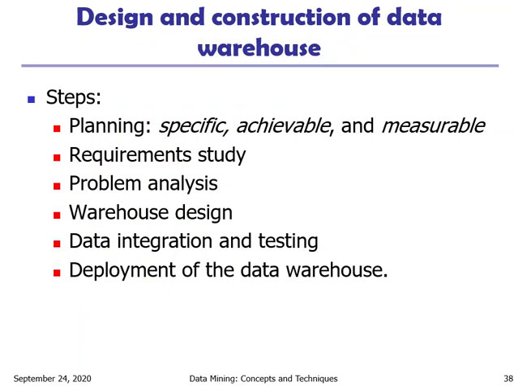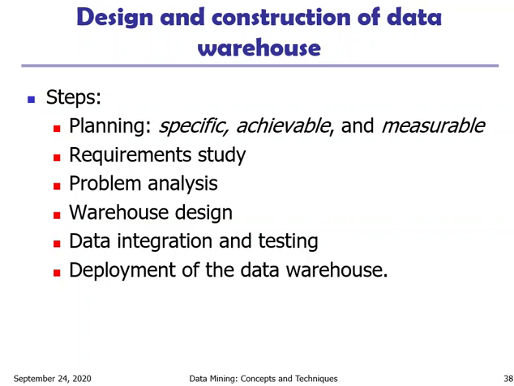So we talked about planning. The planning should define the scope and the goals. The goals need to be specific, achievable, and measurable, so we know if we have achieved the goal.